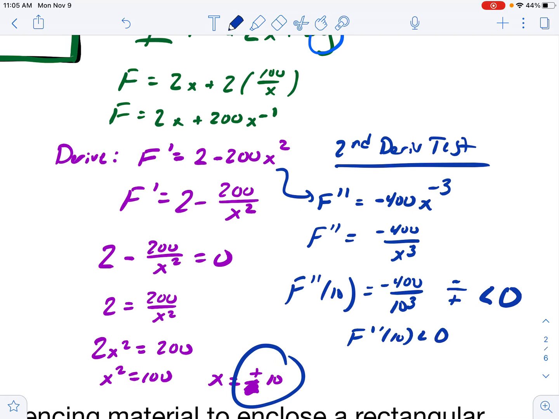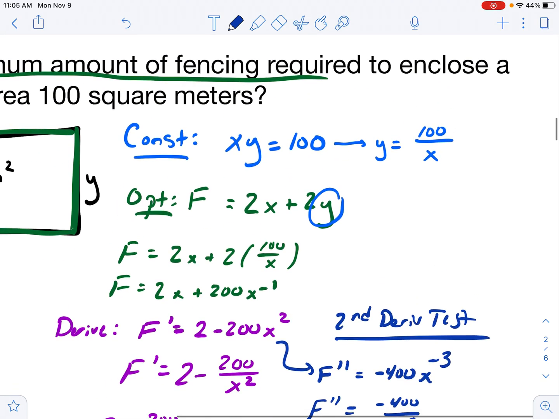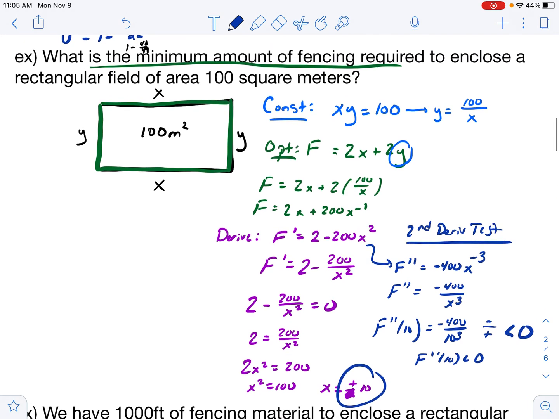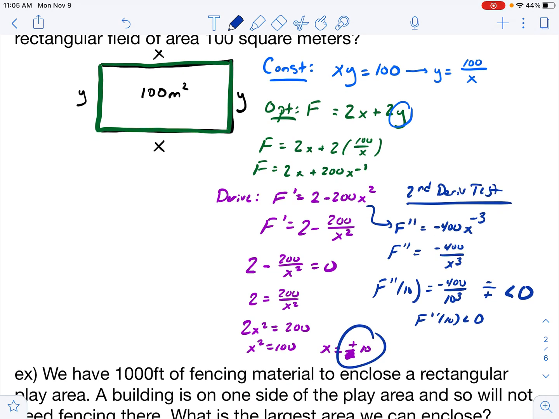What does that mean? It means the function's going to be concave. Let's see, it should be concave down. Okay. Let me double check here. I should be getting a min, so I'm thinking the second derivative should be positive. Did I make a mistake? Let's see.